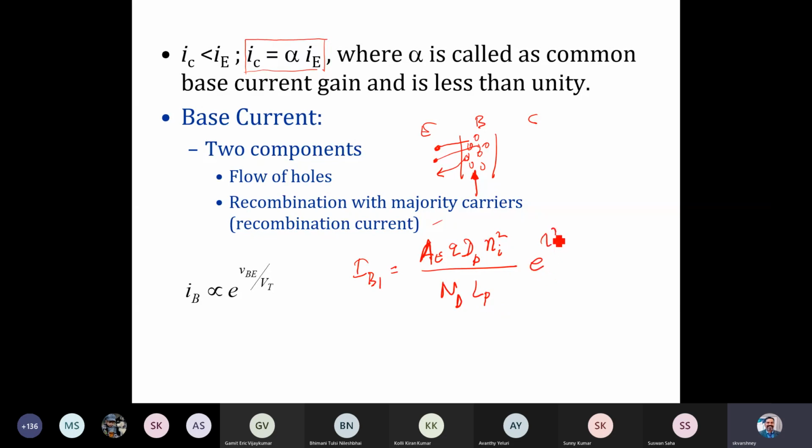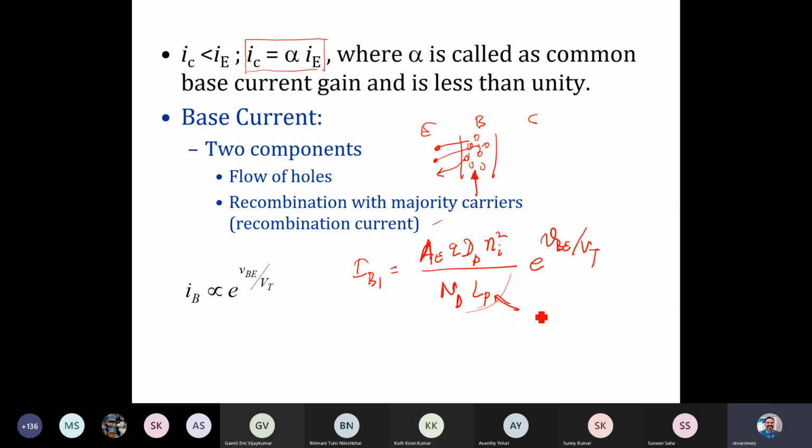This is a kind of saturation or leakage current, which depends on the diffusivity of the holes and the intrinsic carrier concentration. Since it reaches the emitter, N_D is the doping concentration in the emitter, and L_P is the hole diffusion length in the emitter.